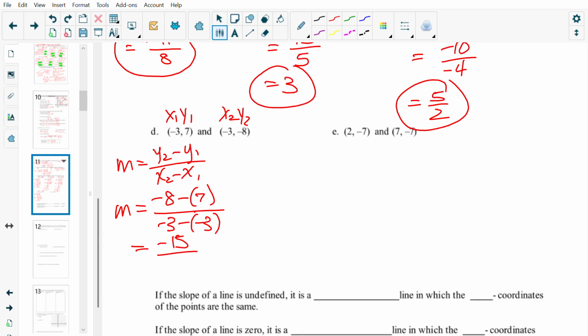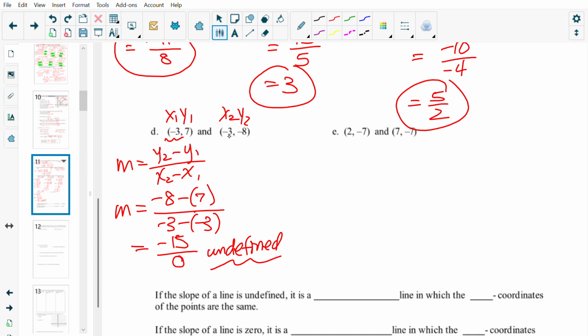That's negative 15 over negative 3 minus negative 3 is negative 3 plus 3, that is 0. Well, dividing by 0, that is an undefined slope, folks. Undefined. Okay. How about 2, negative 7, and 7, negative 7?